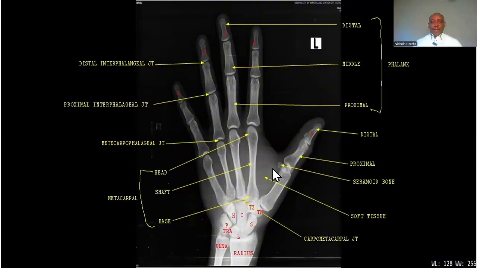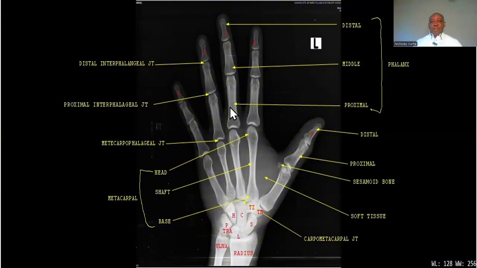And we'll also talk about the soft tissue. You will not ignore the soft tissue. This is the soft tissue shadow that we are seeing. Sometimes it can be swollen, and sometimes it has clinical significance. The metacarpal has the head, the shaft, and the base. This is the metacarpal of the fourth finger.